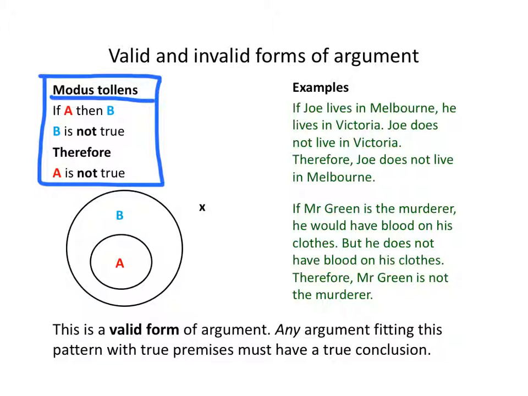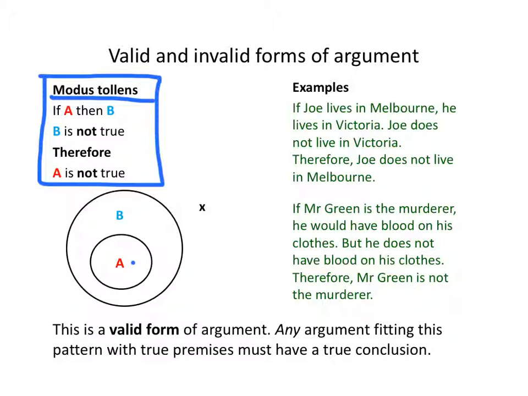You can perhaps see this quite clearly from this diagram which represents the first premise, if A then B. So you have a small circle representing A, completely inside a bigger circle representing B. So obviously, if a point is inside the A circle, then it's automatically inside the B circle. If A then B, which is what the diagram is supposed to represent.